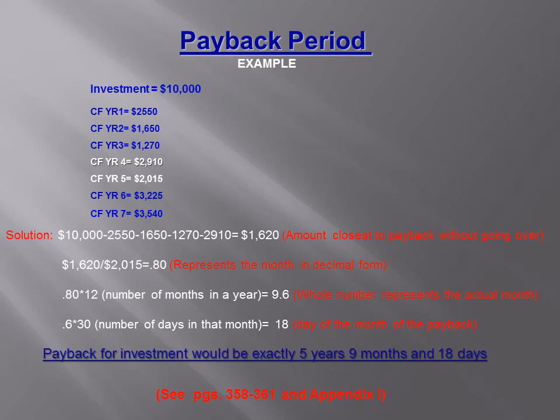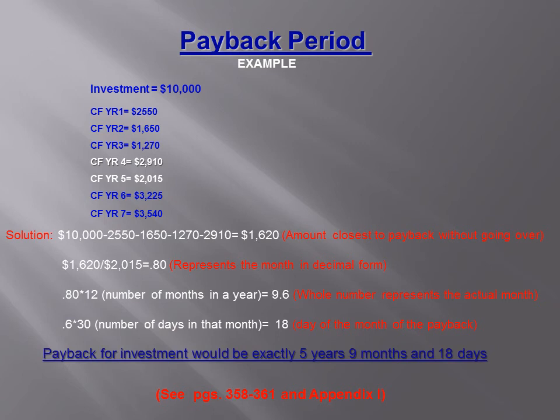And that whole number of 9 represents the month that the payback will be paid. So I know that in 5 years and 9 months I will be recouping all of my initial investment.